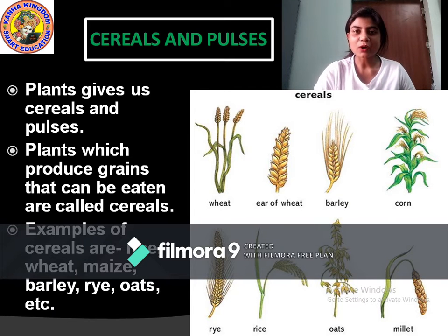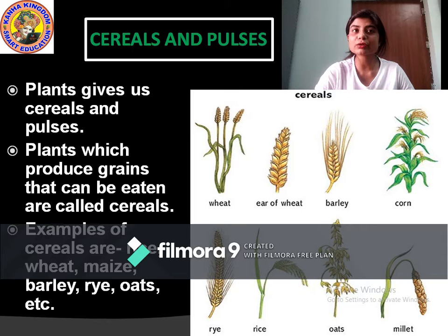So students, now let us study about cereals and pulses. Plants also give us cereals and pulses. Plants which produce grains that can be eaten are called cereals. What are cereals?